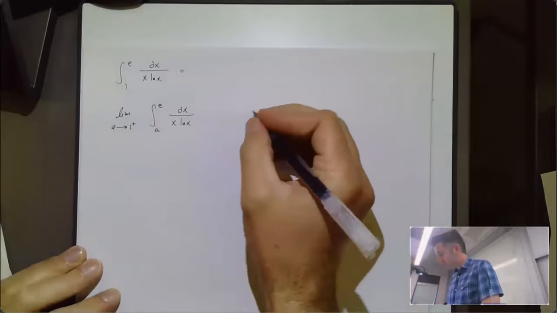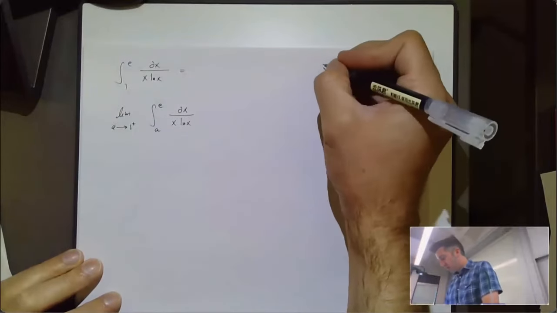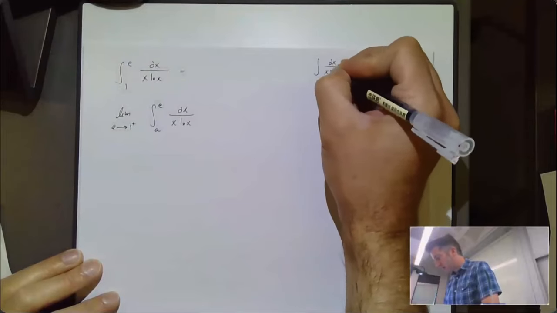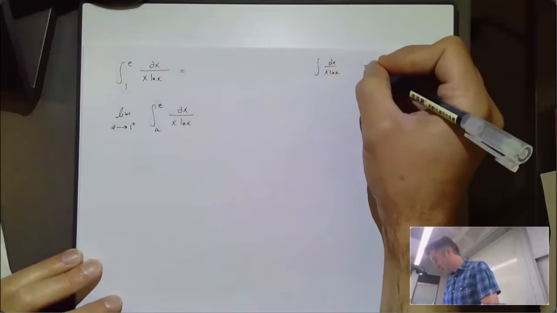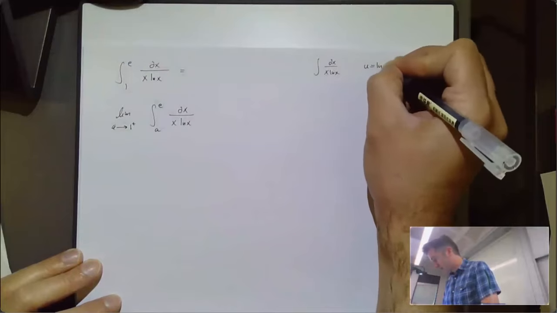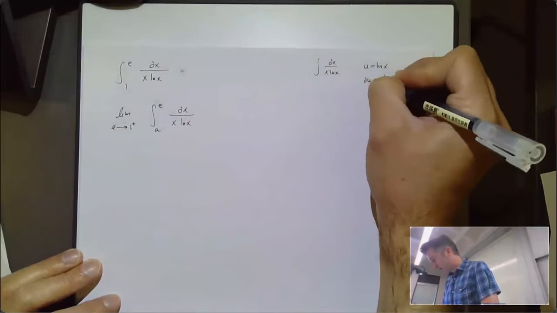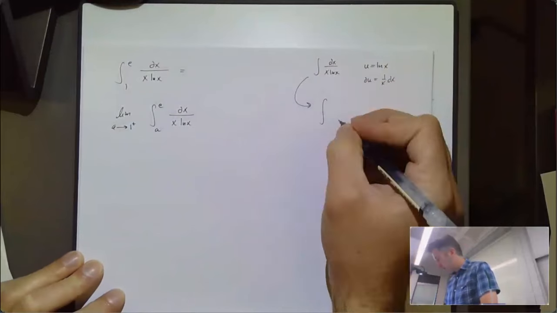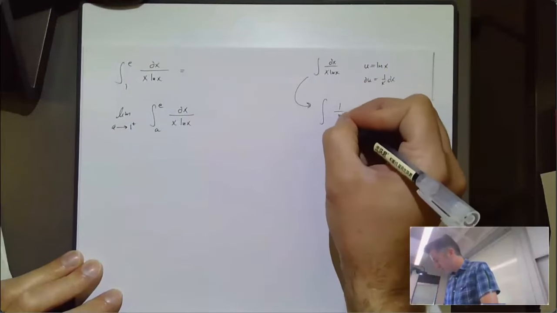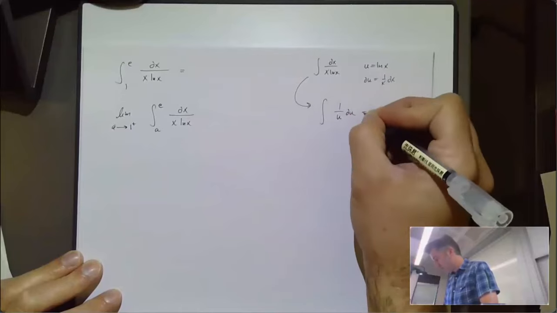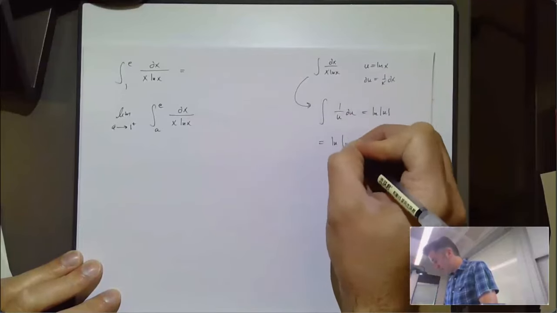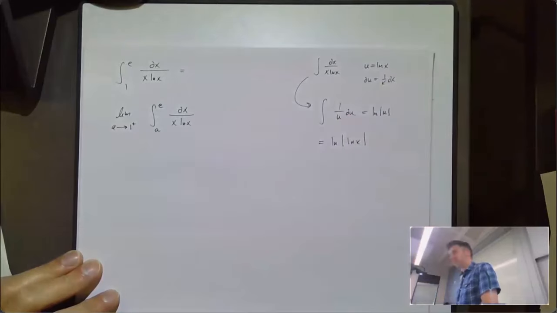Okay, so then just like before, I'm going to do the integral off to the side, the integral of dx over x natural log of x. u is going to equal the natural log of x, du is 1 over x dx. This integral is going to become the integral of 1 over u du, which is the natural log of the absolute value of u, which is the natural log of the absolute value of the natural log of x.